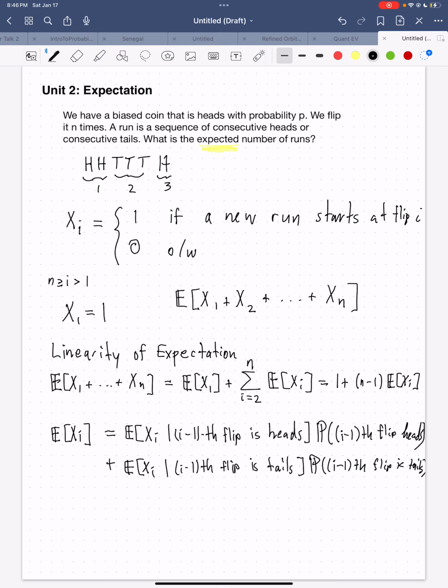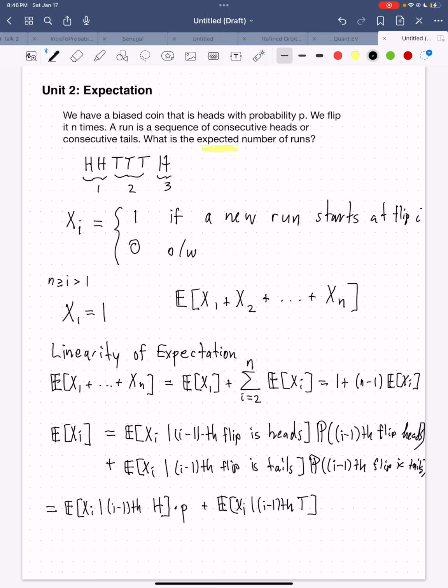So I always like to do the probabilities first because those are easy. Since this coin's results are independent, the probability that the i minus 1 flip is heads is p. So this is the expectation of Xi if the i minus 1 flip is heads, times p, plus the expectation of Xi if the i minus 1th flip is tails.